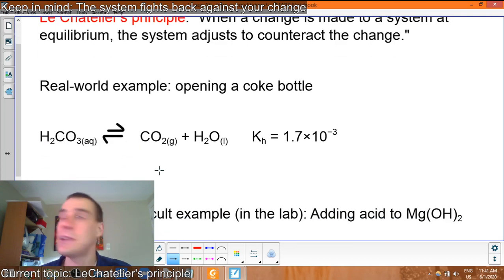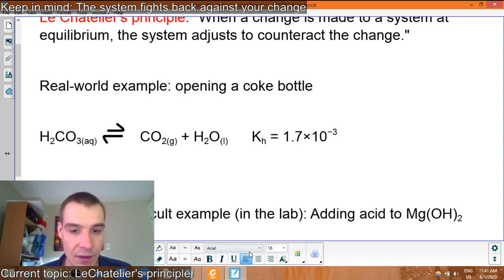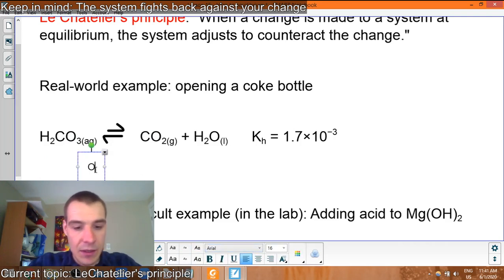So here's a real world example: opening a Coke bottle. Here's an equilibrium in the Coke bottle: gaseous CO2 and aqueous H2CO3. When you open the bottle, the amount of CO2 decreases.